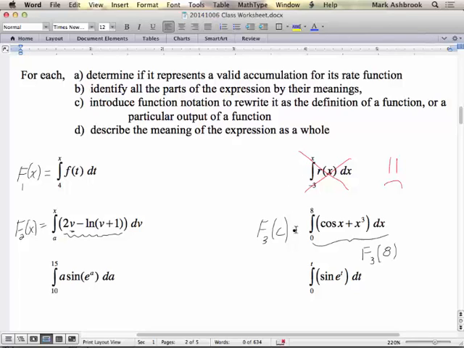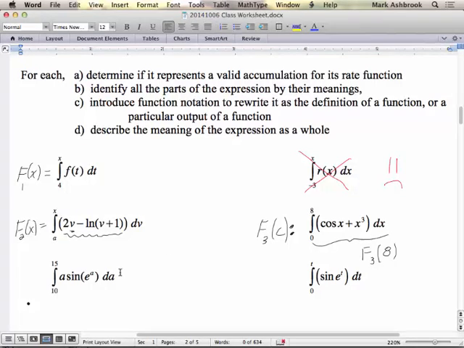It's like we're talking about some function and plugging 8 into it. So is this whole expression a function or a value? It's a value. It's an amount of accumulation starting at 0, ending at 8, according to that rate function. So that whole thing is not a function. It's a particular numerical value. We could put it in a graphing calculator, and it'll give us a number. We don't have time to do it.